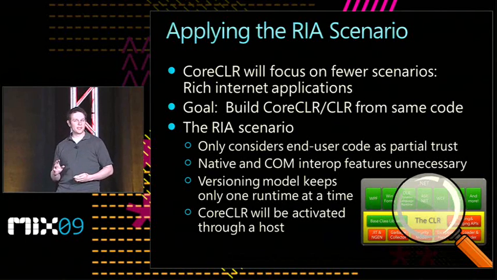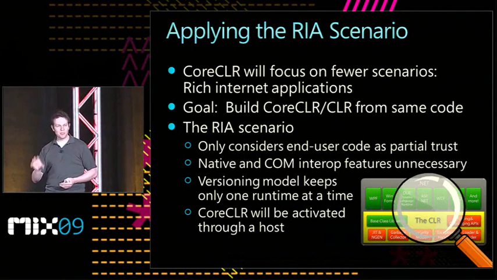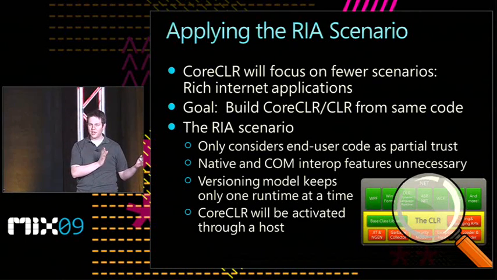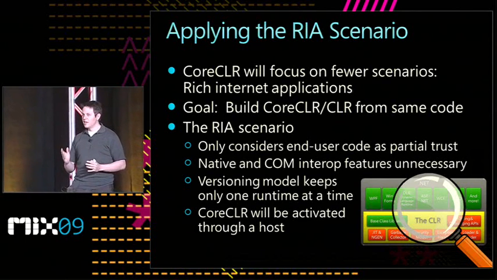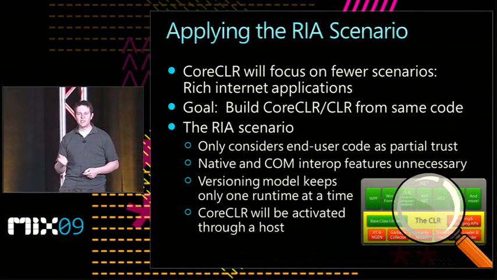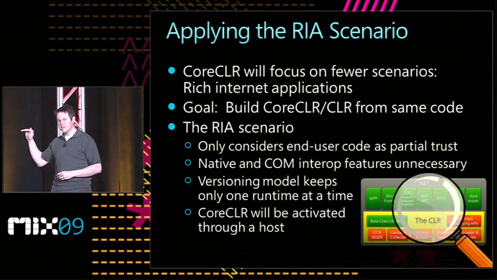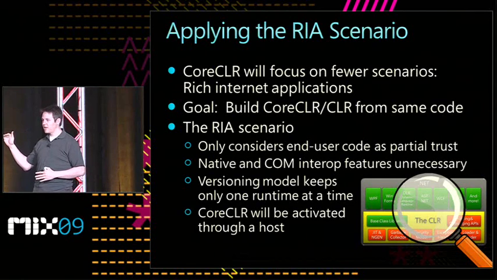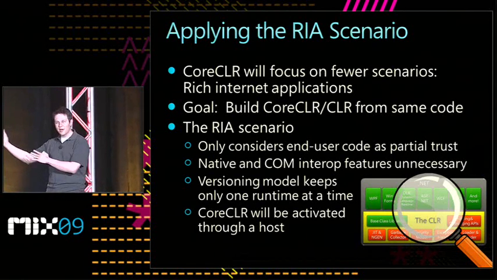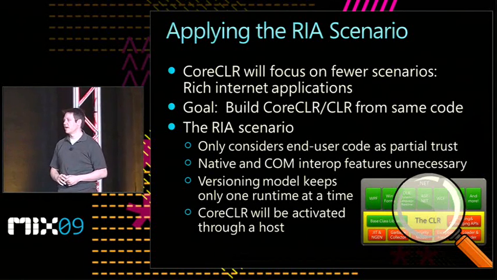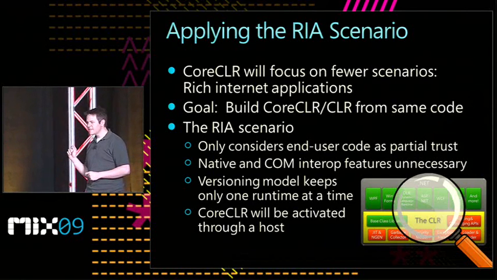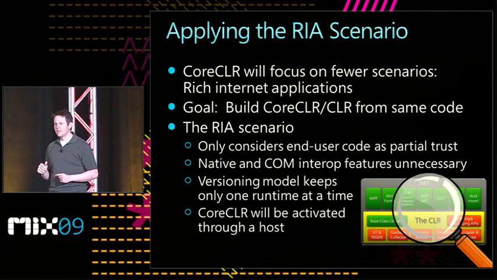Our versioning model is simpler. We don't need to ship every single copy of the history of Silverlight in order to do that. We need to employ different compatibility scenarios. And that also means that we need to raise our bar, that we don't make those breaking changes that imply that we need to ship copies of older libraries. And the last thing is that core CLR itself is only activated through the host.